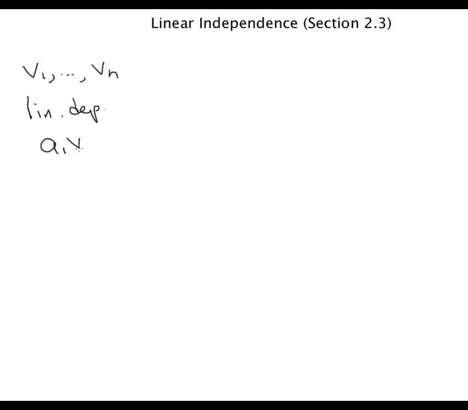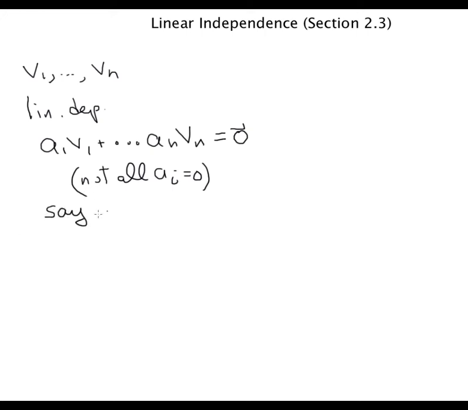So there's some linear combination of these vectors which is equal to 0, and not all of the ai are equal to 0. Some of them could be, but they're not all allowed to be. And let's say for the sake of discussion that an is non-zero.